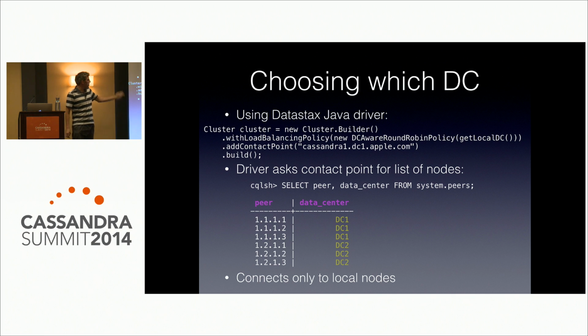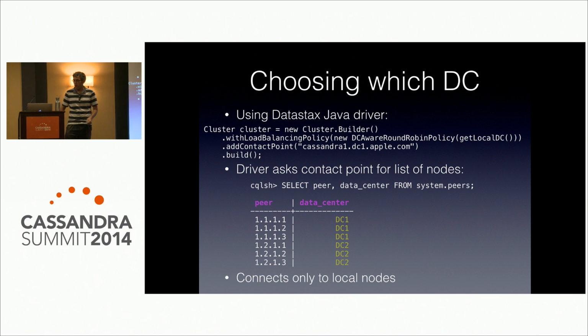And then there's also the contact point. You just give it one node or as many nodes as you want in your cluster. Then it goes and asks that node, tell me everything you know. There's this system peers table inside every node in Cassandra that stores what it knows about the other nodes. You just query that and you get a list of nodes plus data centers. So then you can filter on that.